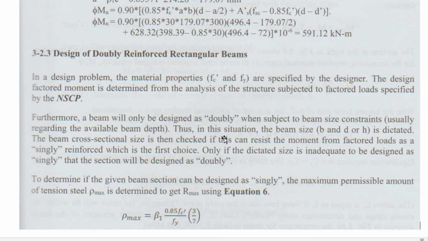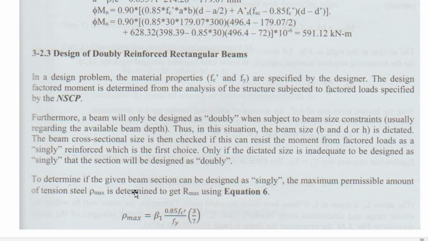Thus, in this situation, the beam size b and d or h is dictated. The beam cross-sectional size is then checked if this can resist the moment from factored loads as a singly reinforced, which is the first choice. Only if the dictated size is inadequate to be designed as singly, that the section will be designed as doubly.